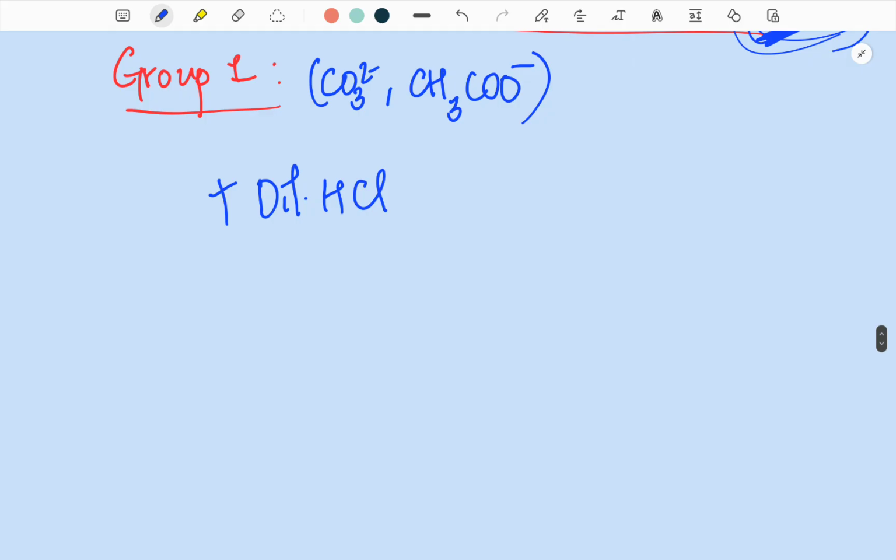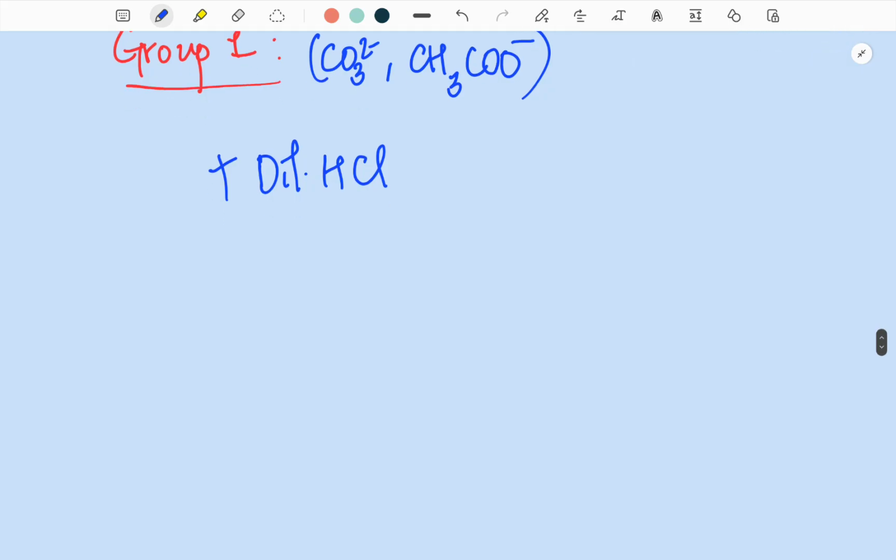So to the salt you are going to first add dilute HCl. Now if you are getting a colorless and odorless gas evolved, then you can say that this is carbonate ion. Okay, carbonate ion is present in the salt.